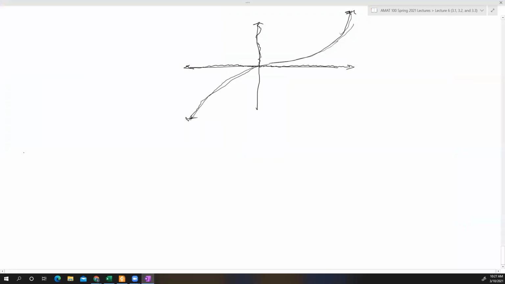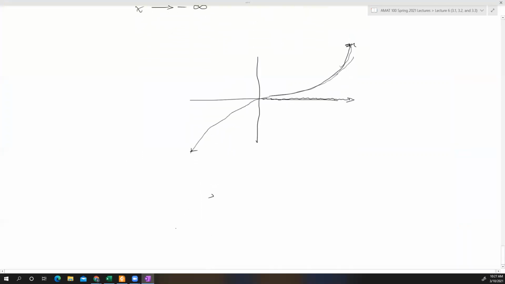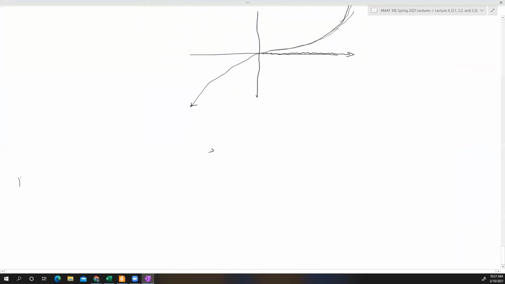Let's look at y equals x squared minus, I don't know, 5x. Let's call this p of x, just to keep consistent with the notation, equal to x squared minus 5x.